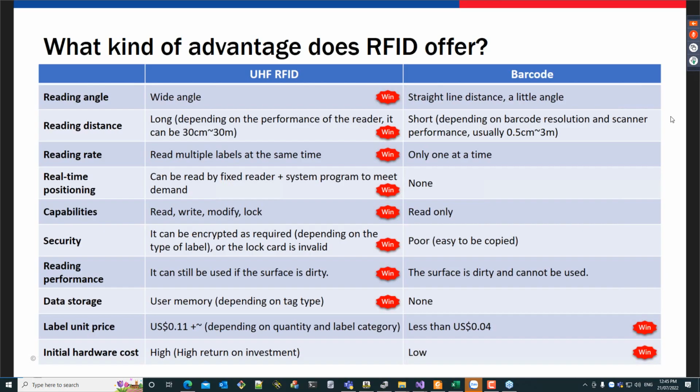And the hardware equipment cost for barcodes is lower, so we don't need to spend too much money on barcode equipment. However, I think this kind of investment is okay, because with RFID we can do more than just barcodes.